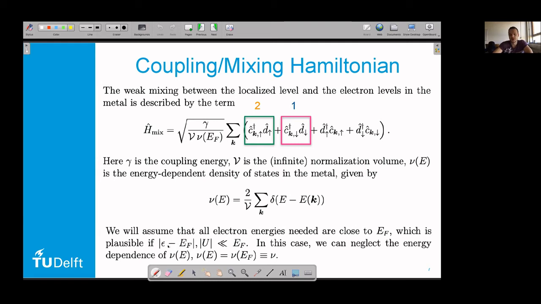So the energy difference between epsilon, the impurity level, and the Fermi level is very small in absolute value compared to the Fermi level, and also the interaction energy is small compared to the Fermi level. And of course, the usual assumption is that the density of states is energy independent. It's a constant taken at the Fermi level.